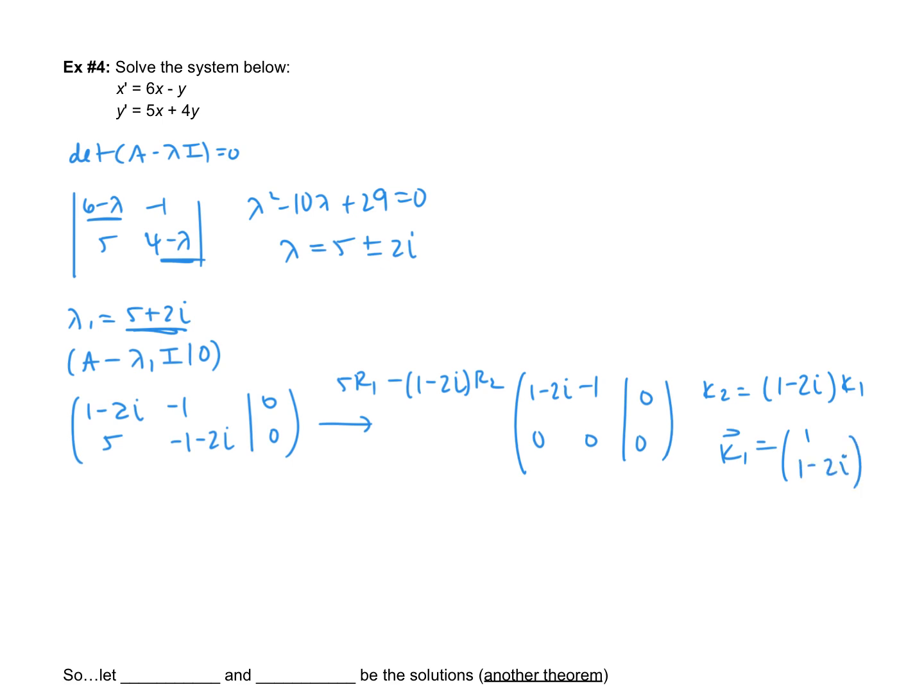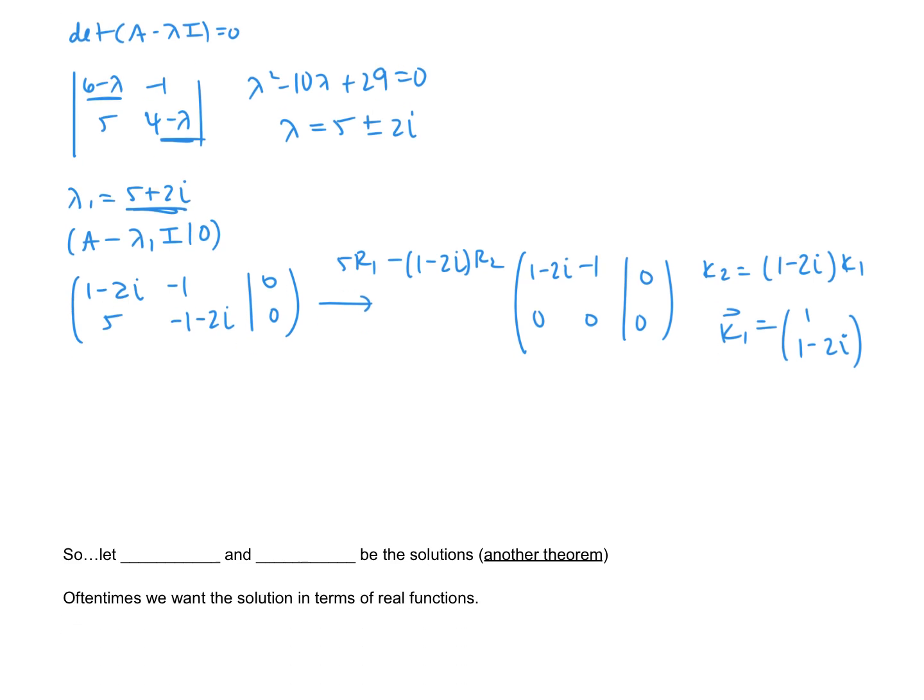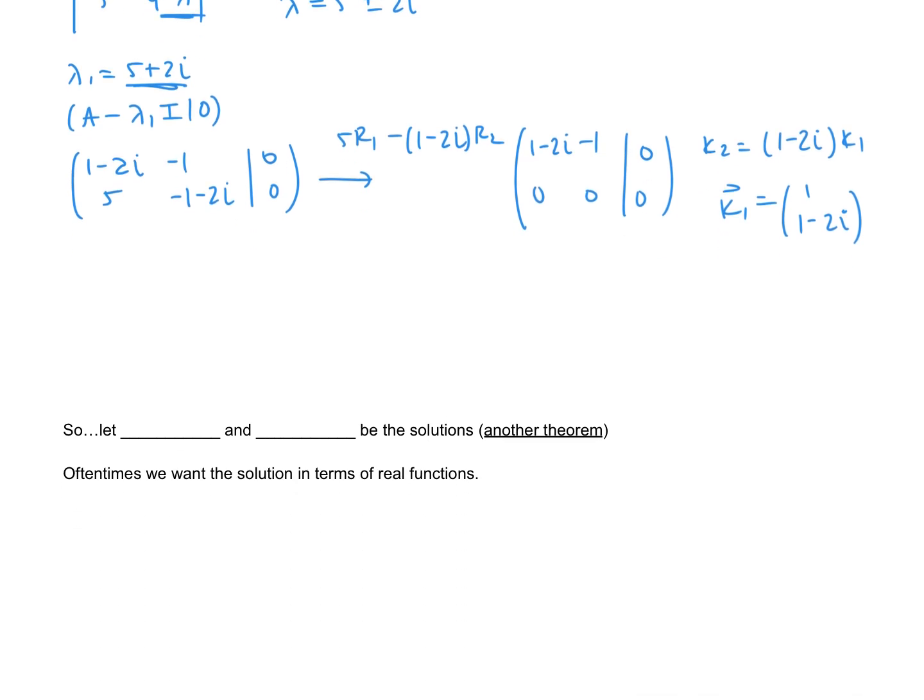Okay, so now let's do something similar with the other root. So my other root then is 5 subtract 2i. So that becomes then 1 add 2i, negative 1, 5, and negative 1 add 2i, all augmented with 0.